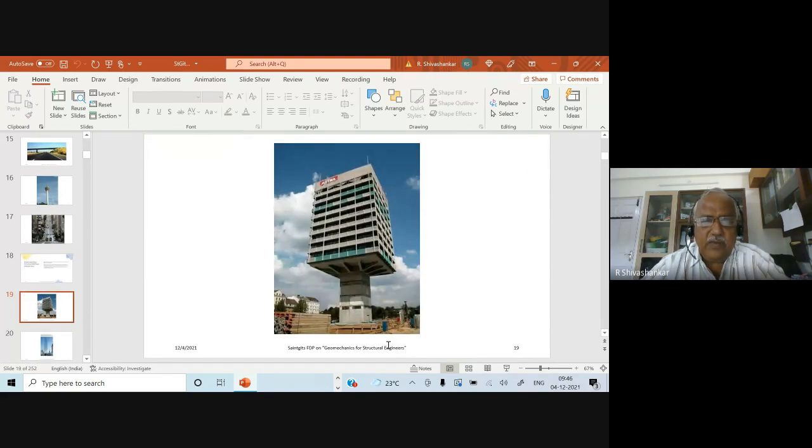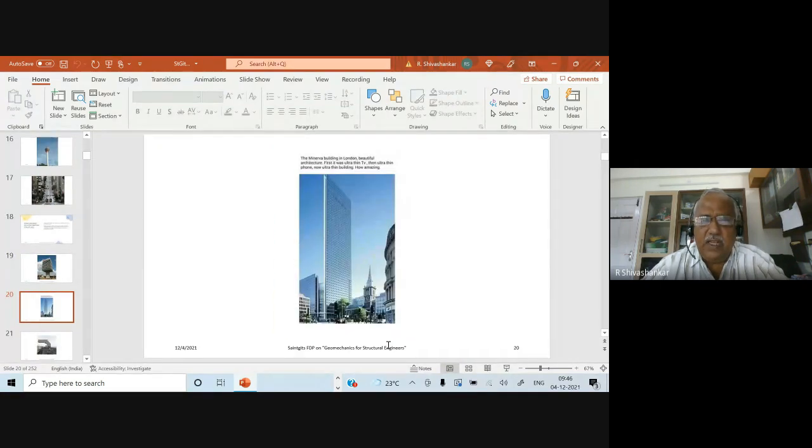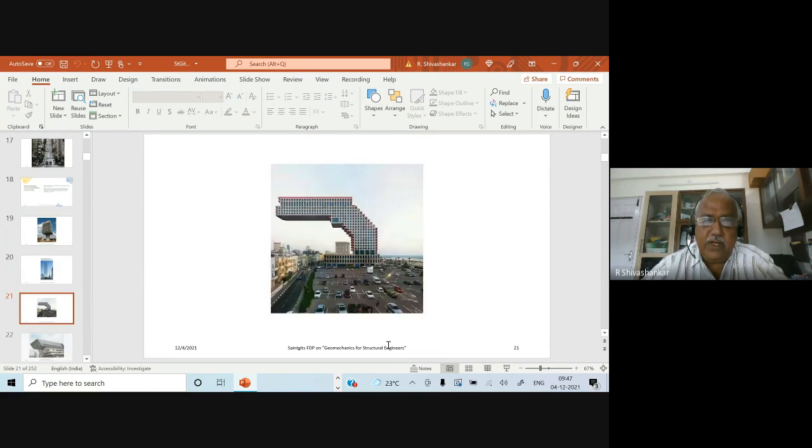So we have some structures which are overhanging on all four sides, or you can have a very thin structure, must be one of those cell phone companies, and here the aspect ratio is so high that there will be enormous wind load, and you've got to provide some suitable pile foundation.